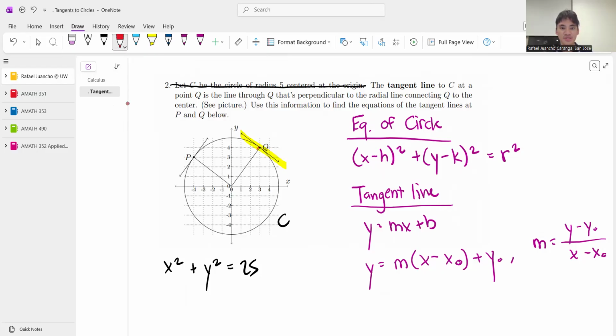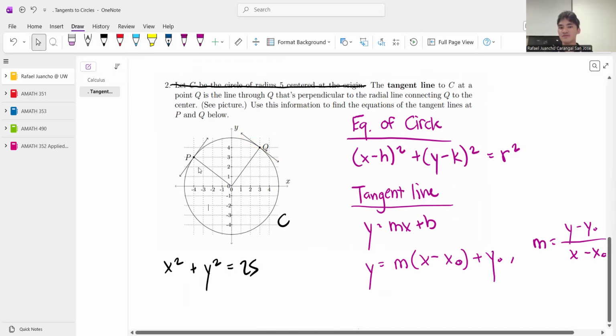The radial line would be this one that I'm highlighting in red. Based on that information, we need to find the equations of the tangent lines at P and Q.